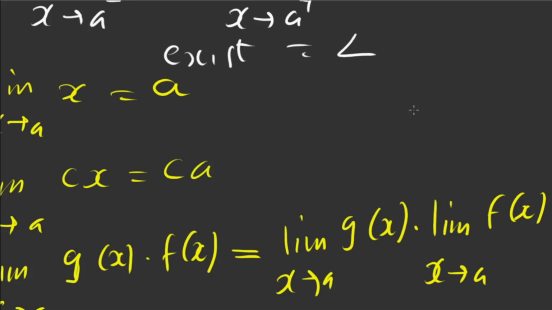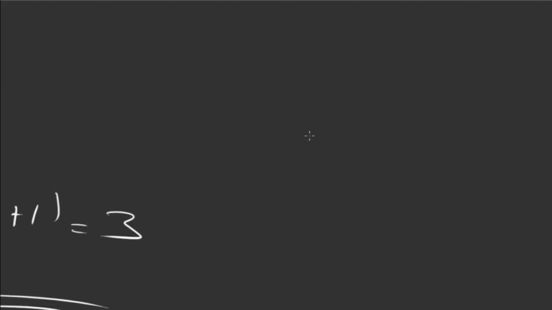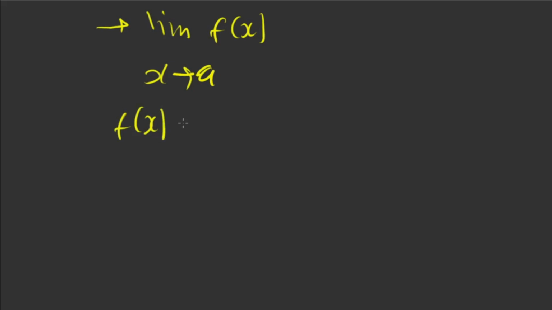Now, the remaining two properties. Another property is the limit as x goes to a of f of x, whereby this f of x is equal to g of x divided by h of x, meaning it's a rational function.